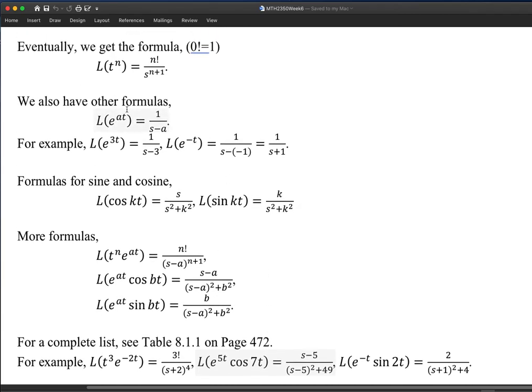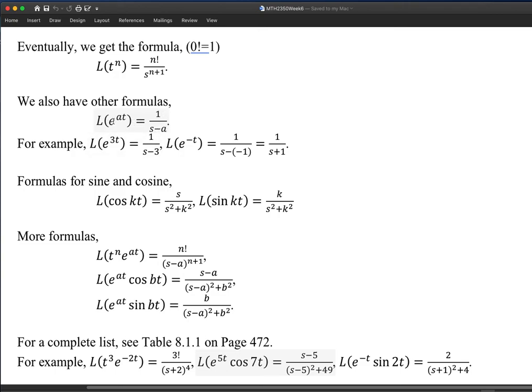You do need to know the transform of power functions. For example, t to the power of 8 gives 8 factorial over s to the 9. For the exponential function, e to the 3t is 1 over s minus 3.